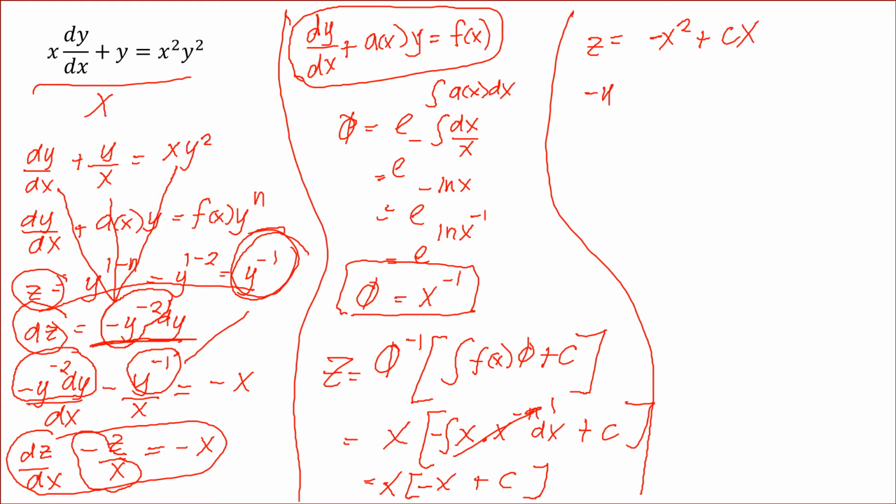So this becomes y to the negative 1 equals negative x squared plus cx. That is your final solution to the equation.